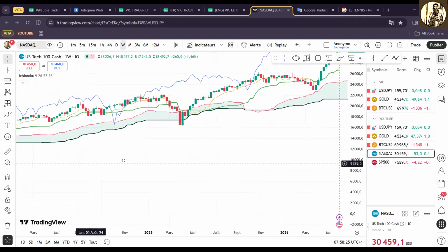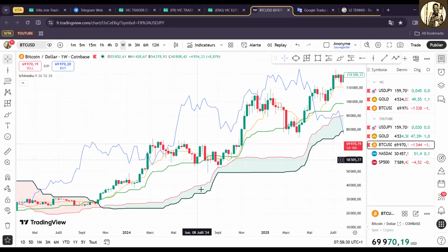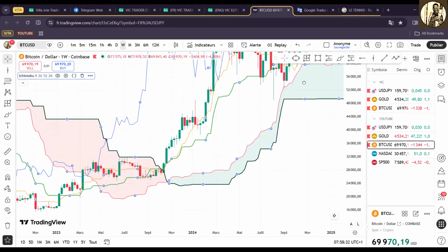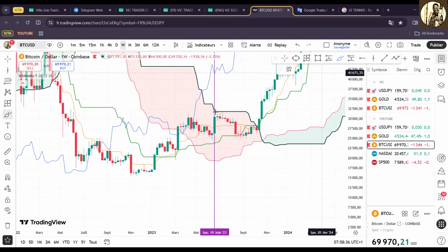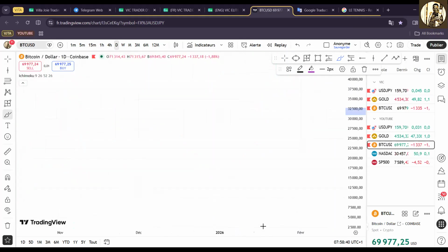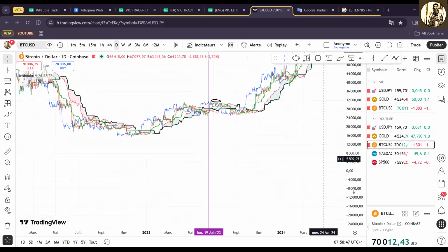For example, on weekly, at this level, the price touches SSB, but when you drop on daily, you will see that we are in the air in daily, right?